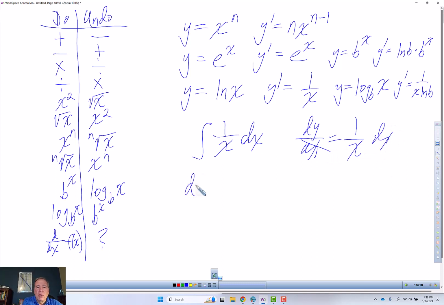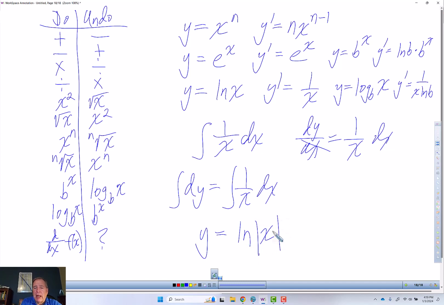So dy equals 1 over x dx, take the integral of both sides, I get y equals the natural log of x, but the natural log doesn't play well with negative numbers, so we're going to throw an absolute value in there and then say plus c. And with those 3 rules, we should be able to do the homework. And that concludes this lecture video.